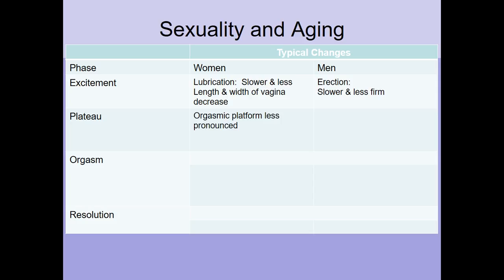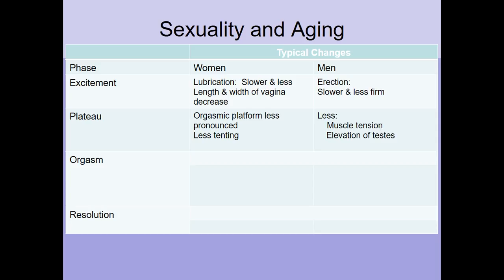During the plateau phase, the orgasmic platform is less pronounced. What that means is that the uterus doesn't pull back as high as it used to, and the muscle tension isn't as great as it once was. So less tenting, less muscle tension.